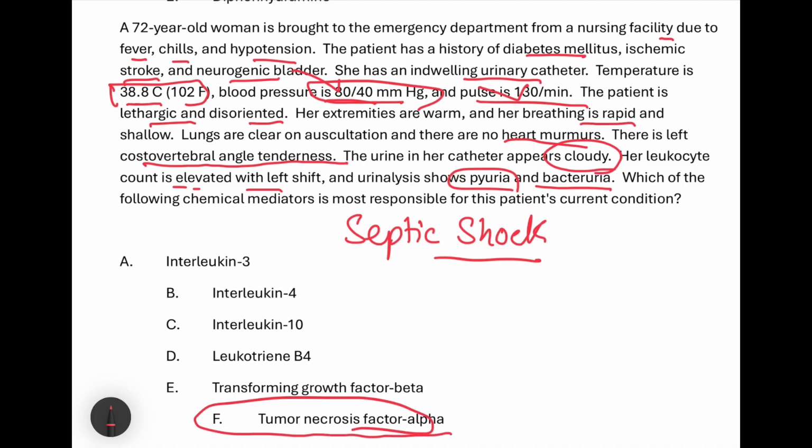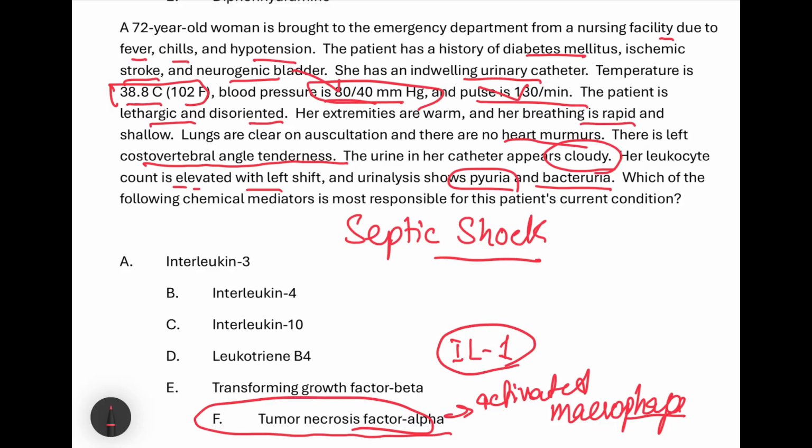It is an acute phase cytokine produced by activated macrophages. And it stimulates systemic inflammation by the recruitment of additional leukocytes like neutrophils and macrophages and increases pro-inflammatory cytokine production. Other cytokines are responsible for increasing the systemic inflammatory response in sepsis, including interleukin-1, responsible for fever, and interleukin-6 also.